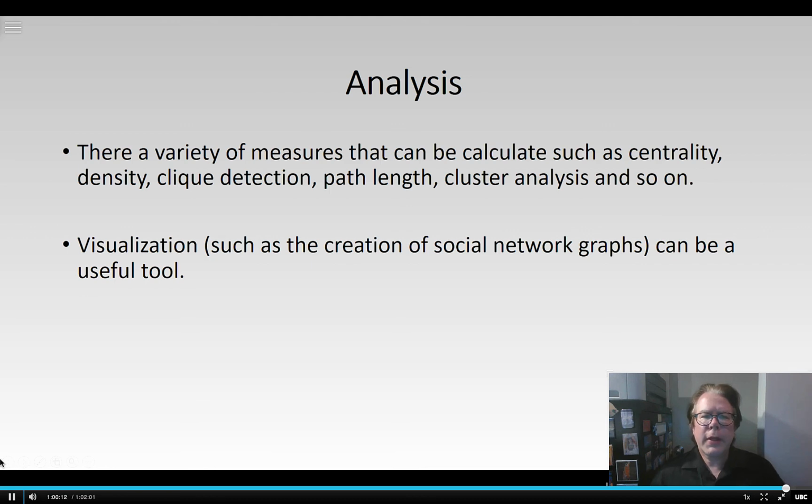So there's a variety of different types of measures that can be used to calculate social network characteristics such as centrality, density, clique detection, path length, cluster analysis, and so on. Also, a variety of visualization techniques can be used, such as the creation of social network graphs, and this can be a very useful tool.